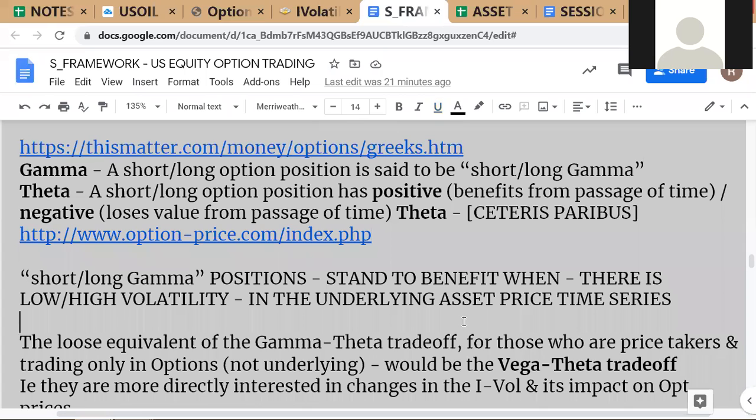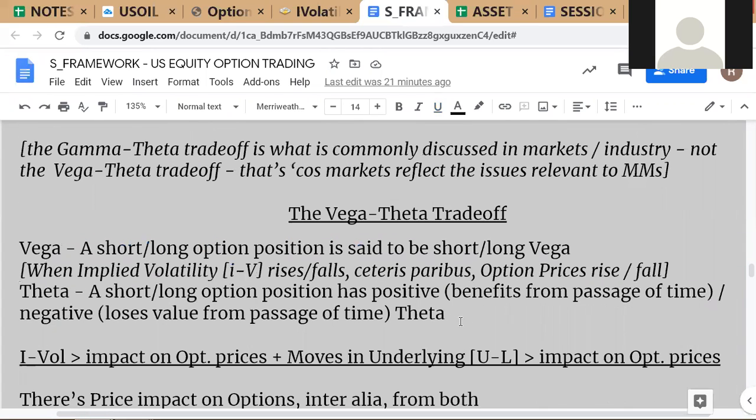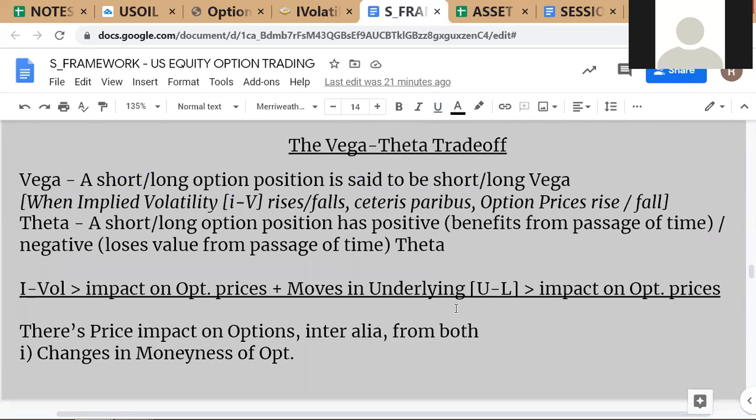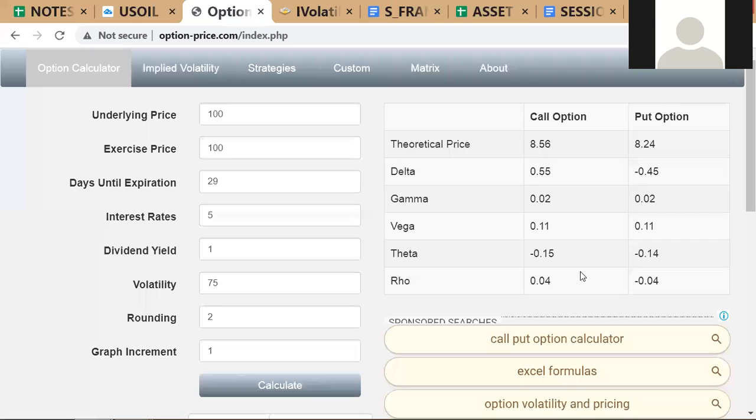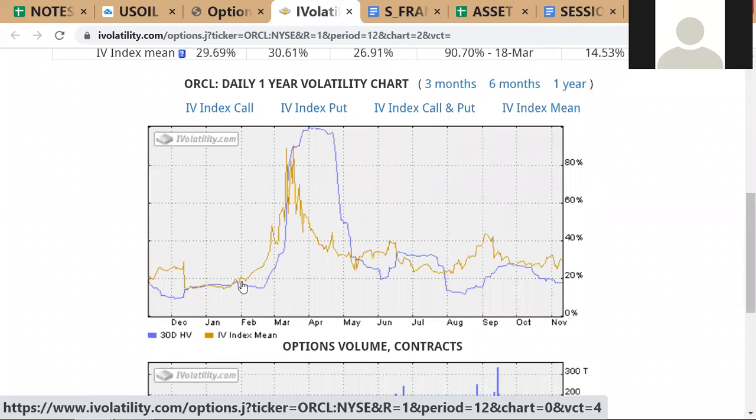In the case of the Vega Theta trade-off, it's the same thing, very easy to understand. When you buy an option, ideally, you buy options, both calls and puts, because you're trading only in options.